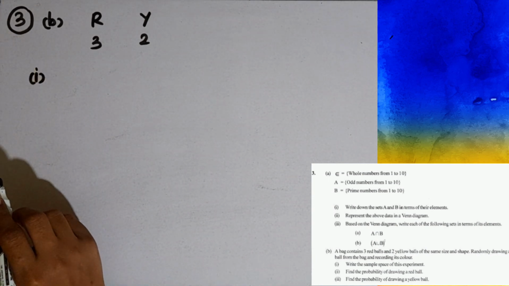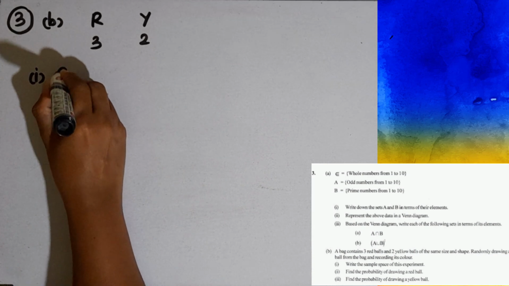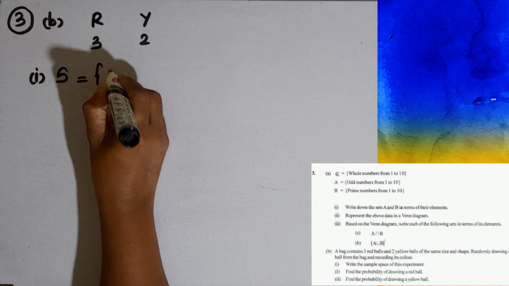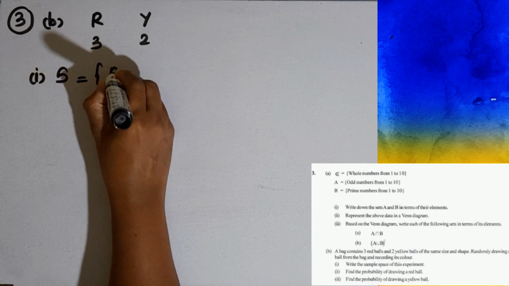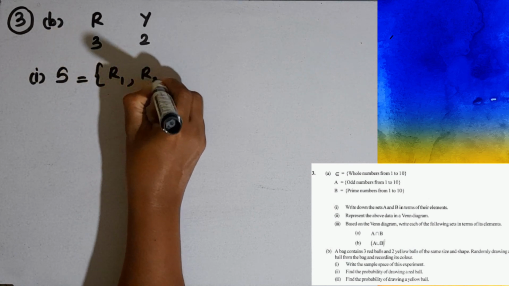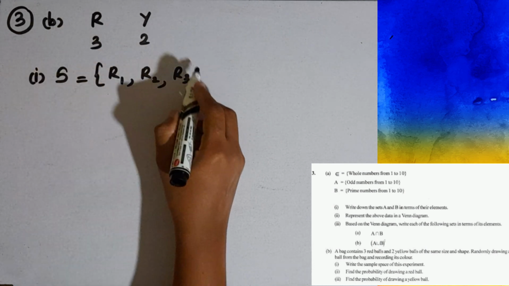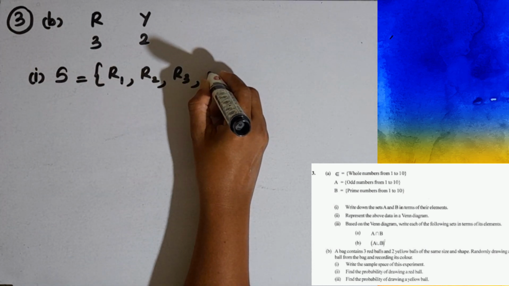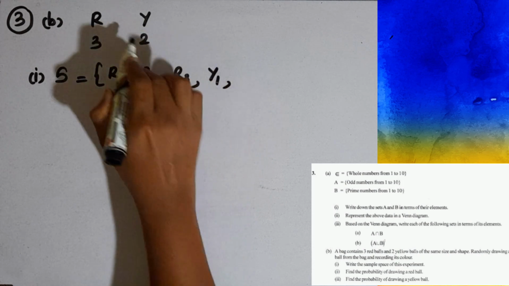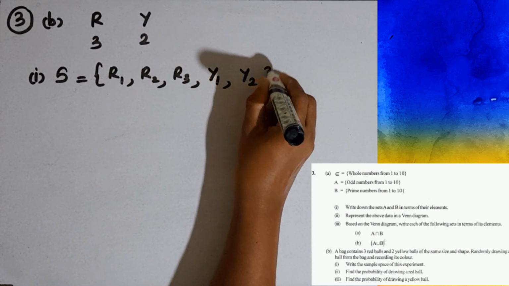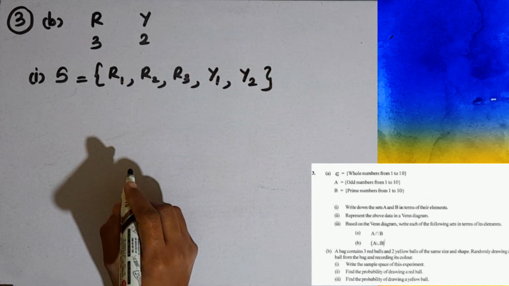Write the sample space of this experiment. Sample space can be denoted as capital S. Then R1, R2 and R3 as we have 3 red balls. Then 2 yellow balls, Y1, Y2. This is the sample space.